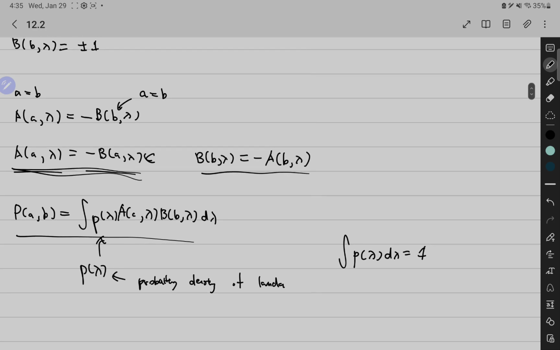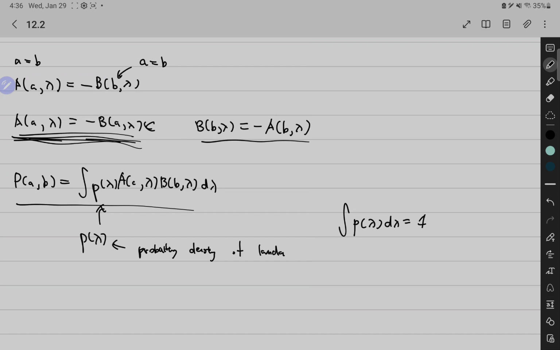This is the exact same thing as the formula we have here, but the signs are flipped, and they resemble the same thing, and you obtain the same result following the same logic, because if A is equal to B, then B is equal to B, right? It's equal to itself. So if they're parallel to each other, then whatever outcome you obtain from the positron will always be the negative of the outcome from the electron, because it's either +1 or -1. So we can use the same logic to obtain this equation.